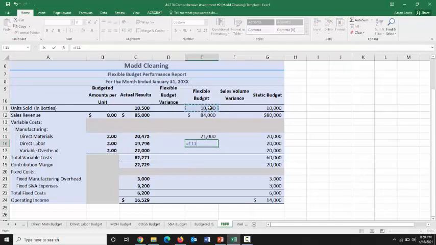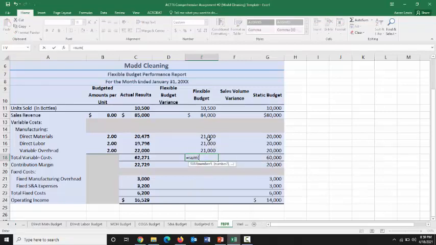For those 10,500 units we actually sold, if we had our budgeted labor cost per bottle of $2 be accurate, that means that the 10,500 bottles we sold at a rate of $2 per bottle should have caused us to incur $21,000 in direct labor costs. And those 10,500 bottles that we actually sold at a rate of $2 per bottle for variable overhead means that producing those 10,500 bottles, which eventually got sold, should have caused us to incur $21,000 in variable overhead costs.